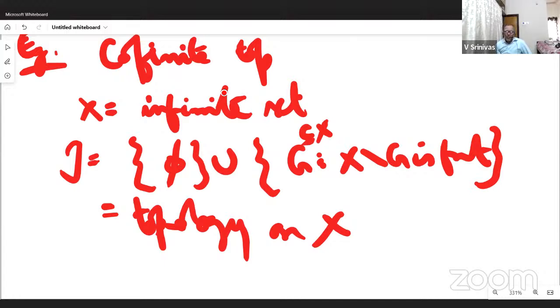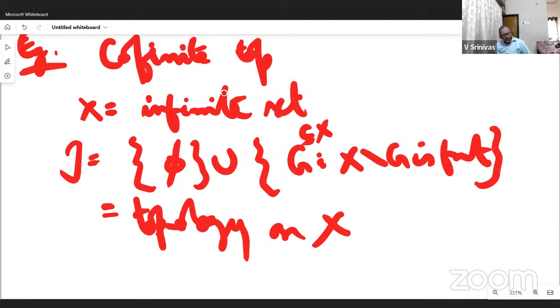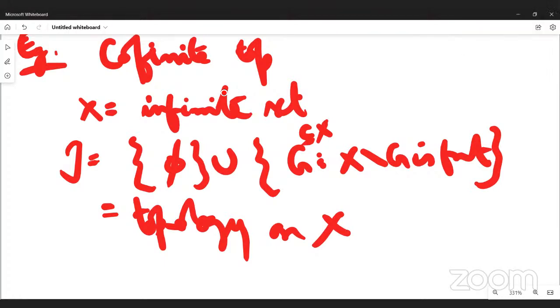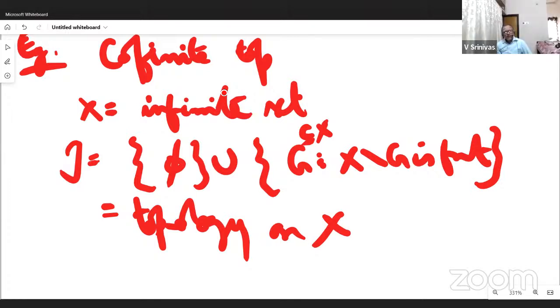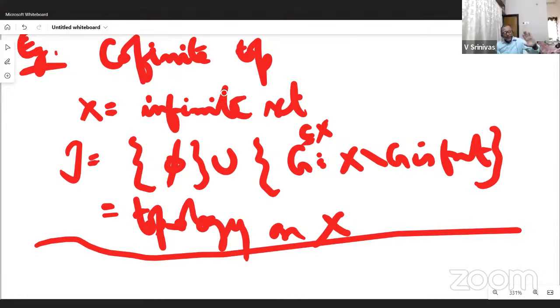You can see that this tau satisfies the definition of a topology. And in fact, members of a topological space tau are called open sets.